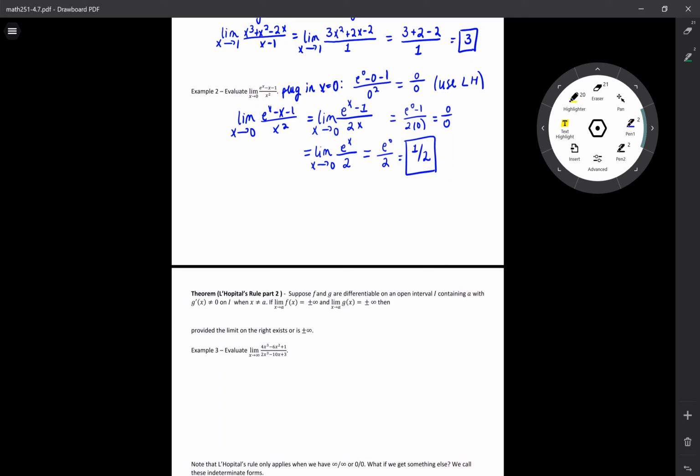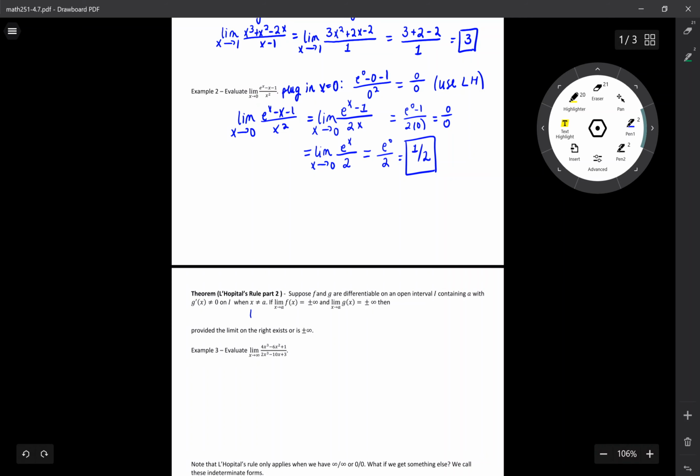So suppose f and g are differentiable on an open interval I containing a point a, with g, the bottom, not equal to 0 on I when x is not equal to a. If the limits as x goes to a of f and g are positive or negative infinity, then we can apply L'Hopital's rule.